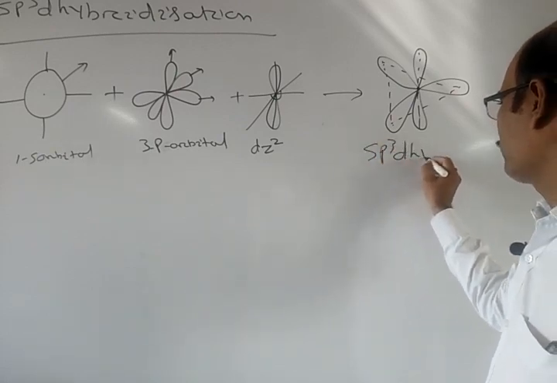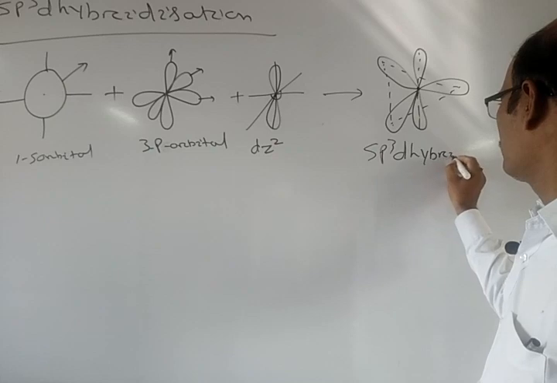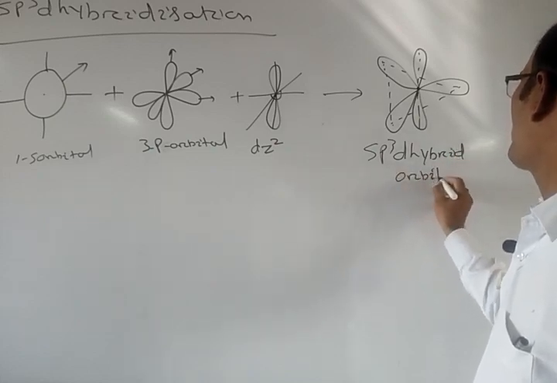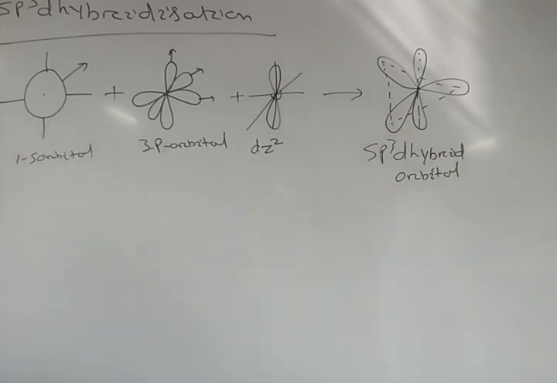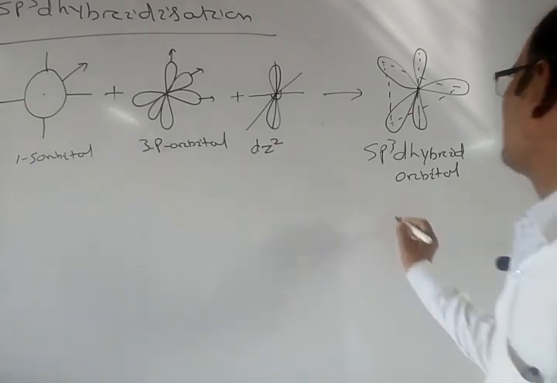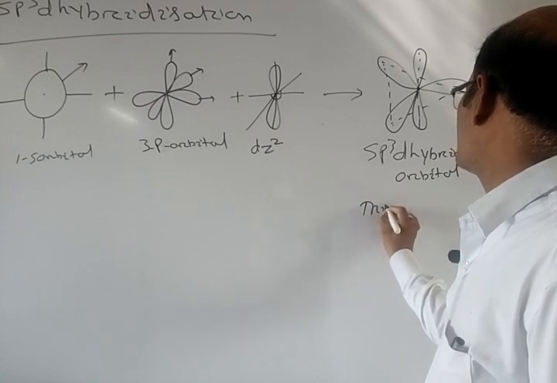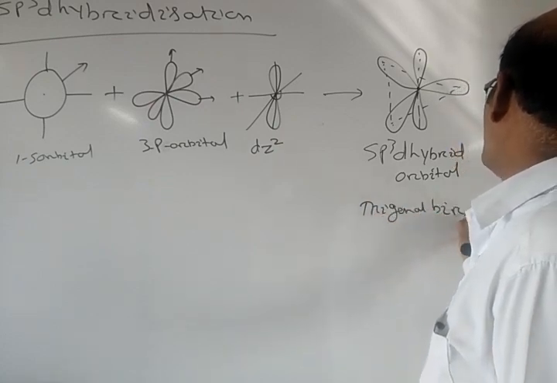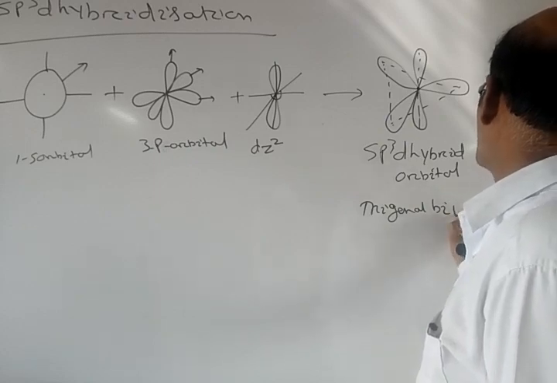These five sp3d hybrid orbitals are arranged in space in a trigonal bipyramidal manner. Trigonal bipyramidal geometry.